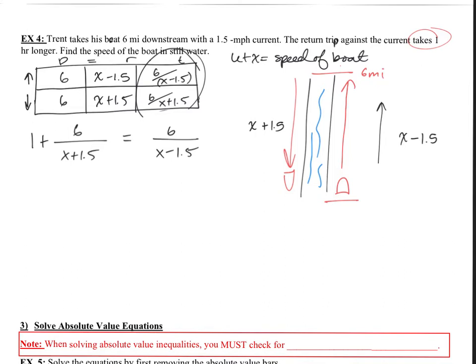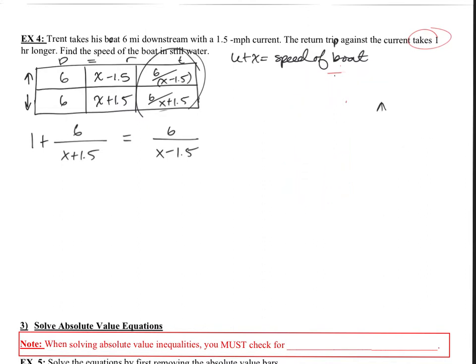So, we have our rational equation with a variable in the denominator. Let's go ahead and solve this. Now, we can use the LCD to cancel out the denominators if it's an equation. We're lucky it is. So our LCD is (x minus 1.5)(x plus 1.5).